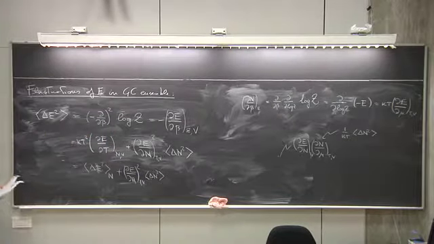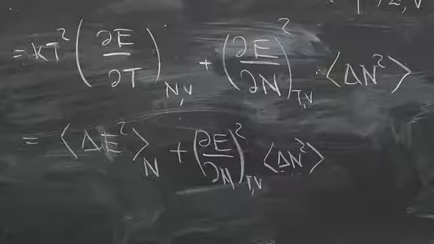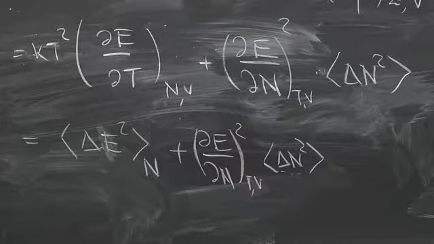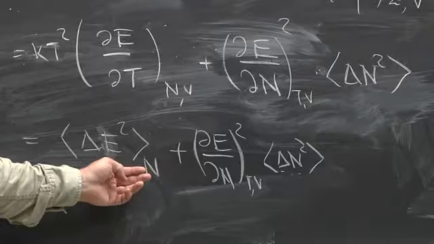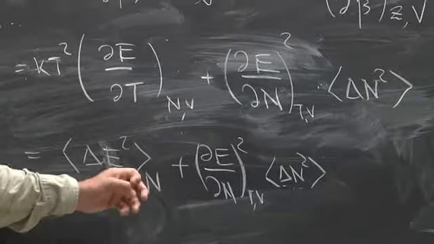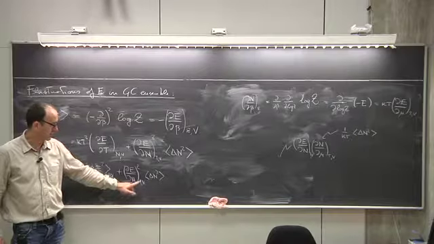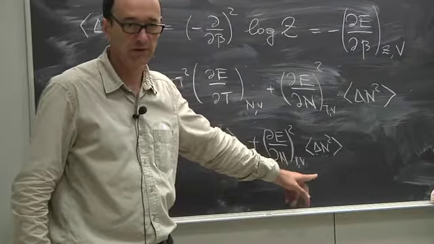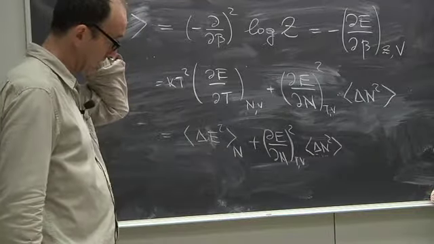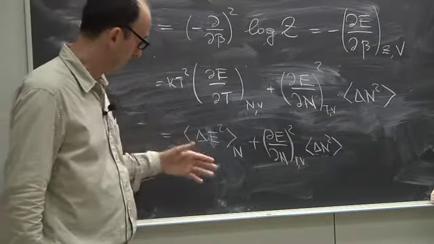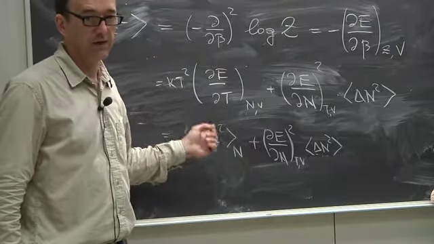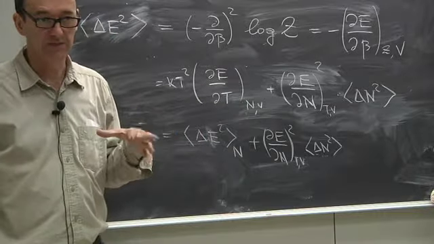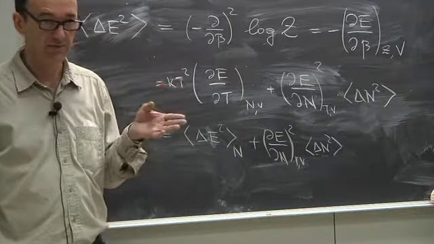So you see, this result tells you that there are two contributions to the fluctuations of the energy. One is the fluctuation in the energy at constant N, and the other is that the energy depends on the number of particles, and the number of particles fluctuates. Okay, so this is what you expect if in the grand canonical ensemble the energy and the number of particles fluctuate independently.